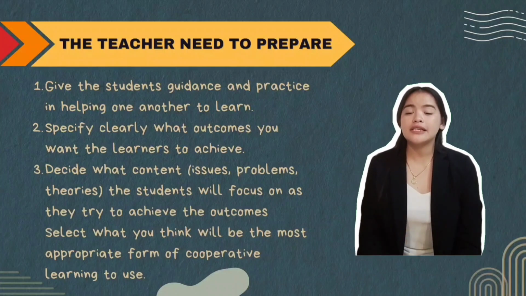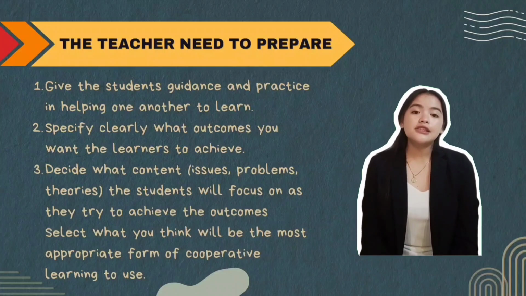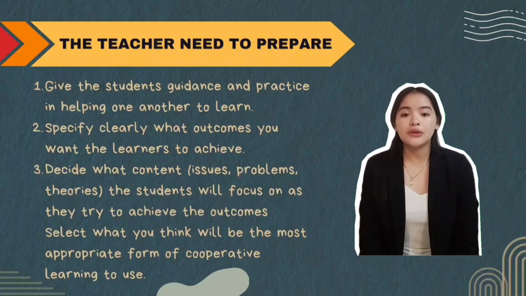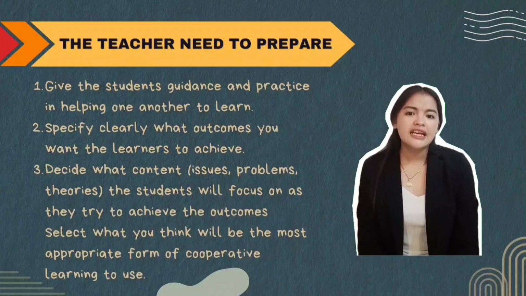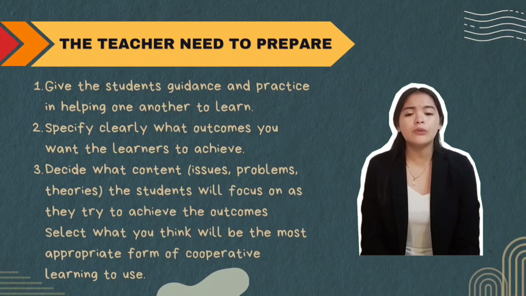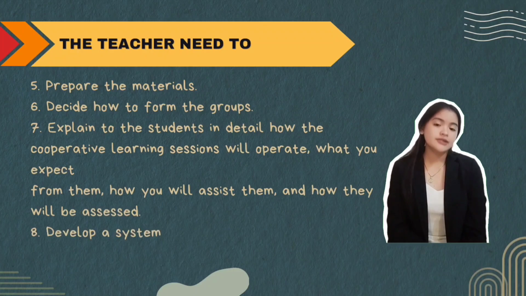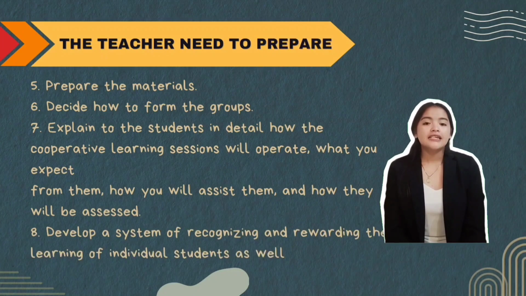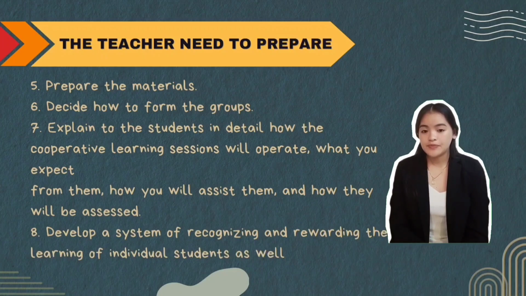Third, decide what content, issue or problem theories the students will focus on as they try to achieve the outcomes. Fourth, select what you think will be the most appropriate form of cooperative learning to use. Fifth, prepare the materials. Sixth, decide how to form the groups.